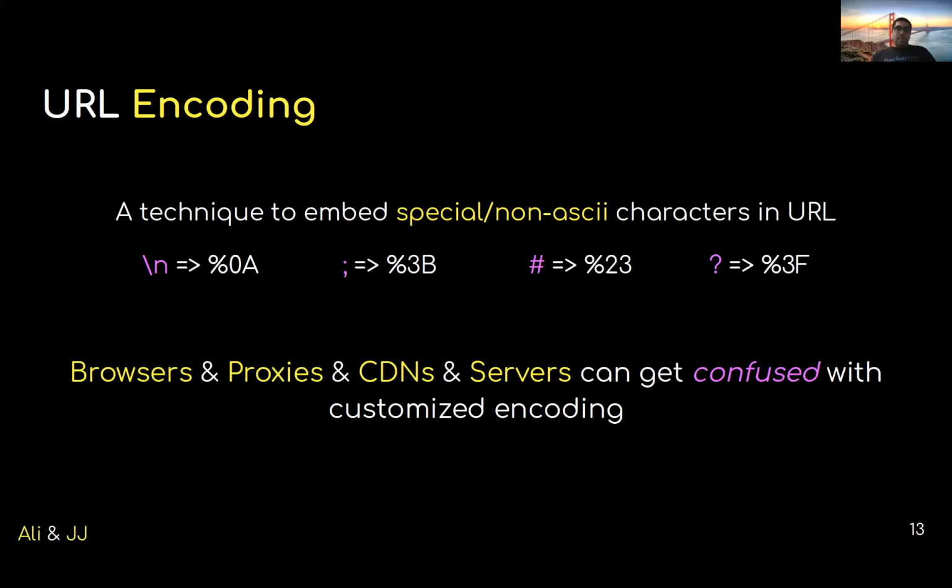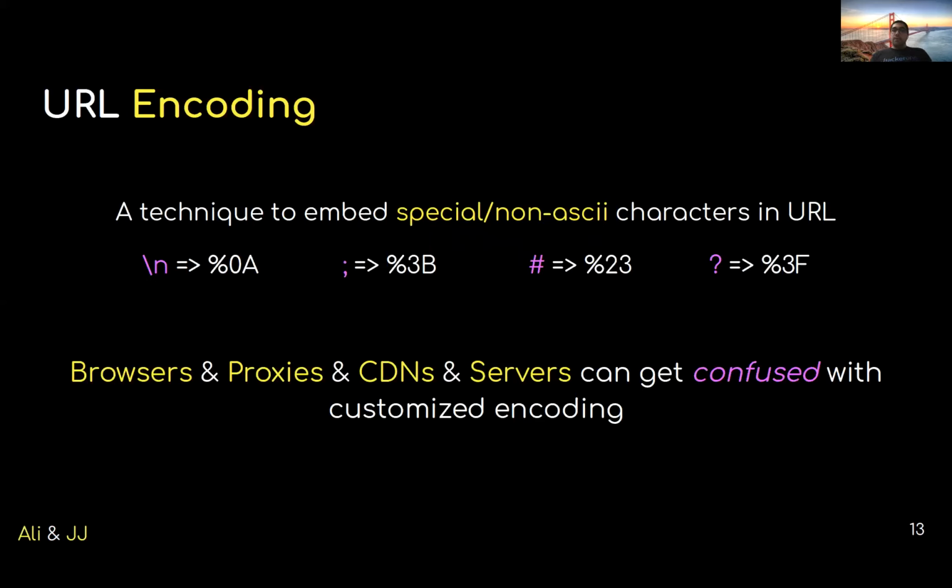So basically, encoding is at the core of our advanced exploitation techniques. Before we get to the actual techniques, I'm going to go quickly over URL encoding. URL encoding is a technique to embed special or non-ASCII characters in the URL.